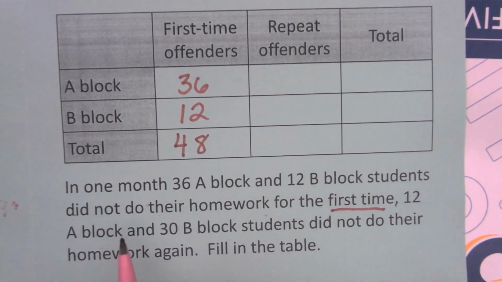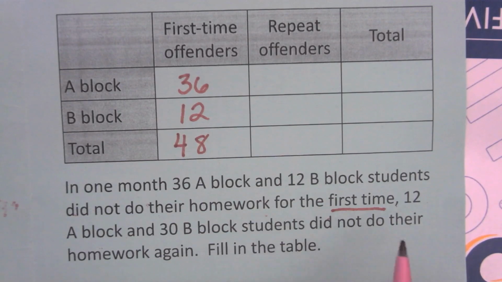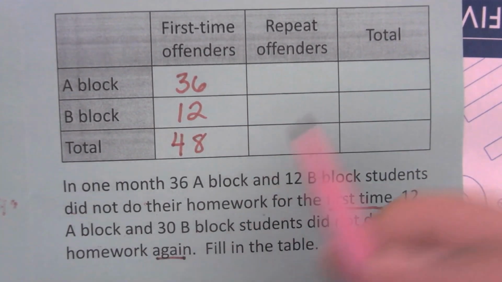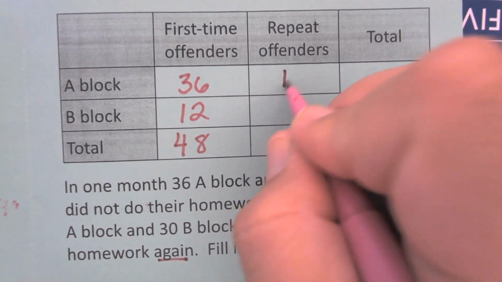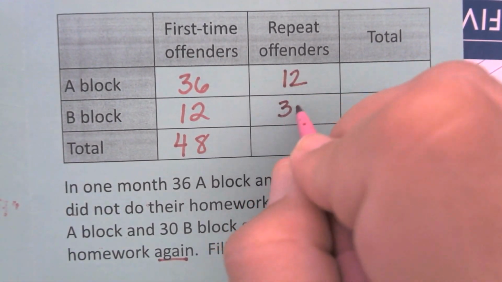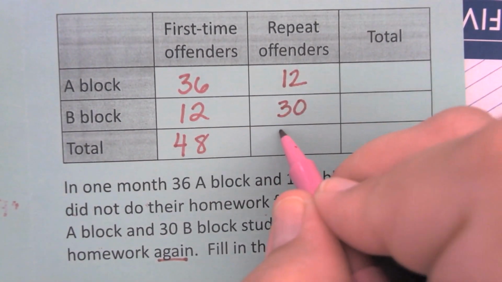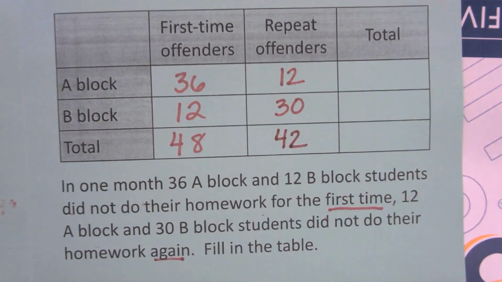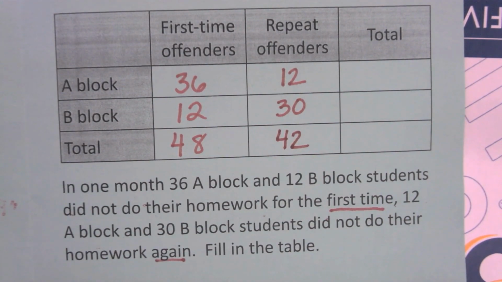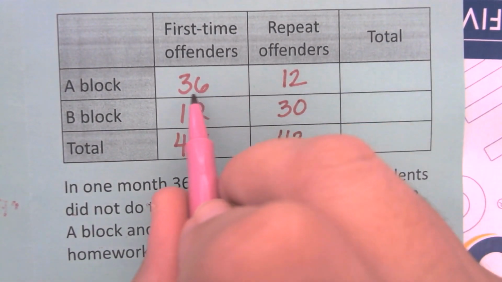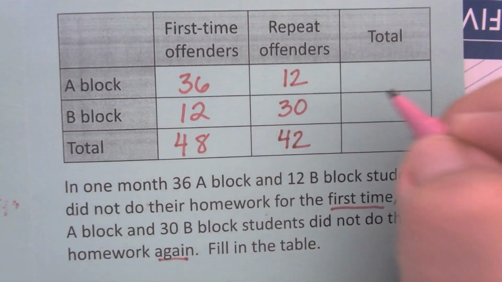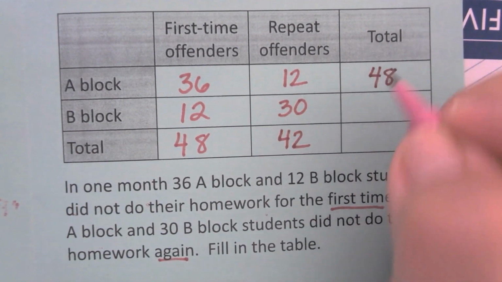12 A block and 30 B block students did not do their homework again. So those are the repeat offenders. So that was 12 A block and 30 B block. And so that's a total of 42 repeat offenders. Now, in A block, there's 36 plus 12, which is 48 total students in this table.